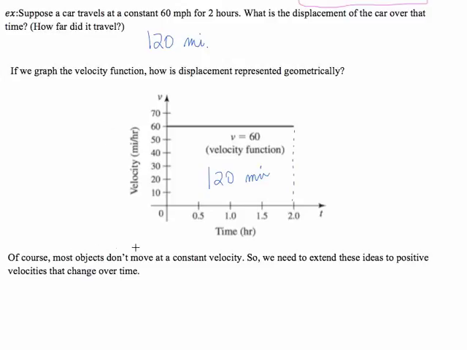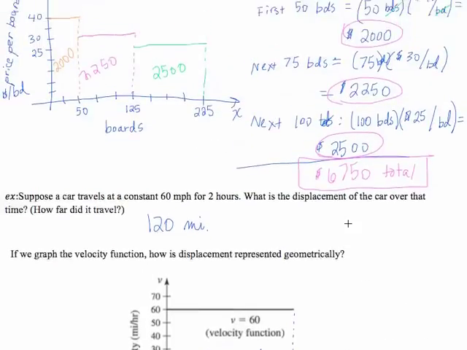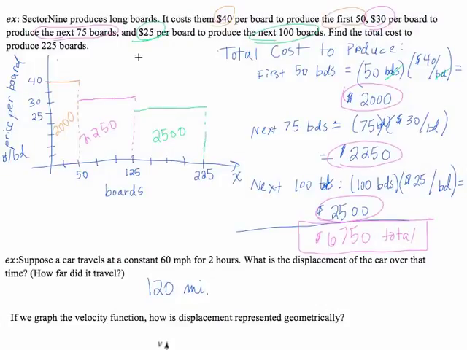Of course, most objects don't move at a constant velocity, so what we're building towards is extending these ideas to apply them to problems where the velocity does change over time, or perhaps to apply them to a marginal cost function where the marginal cost is changing with every single item that is produced.